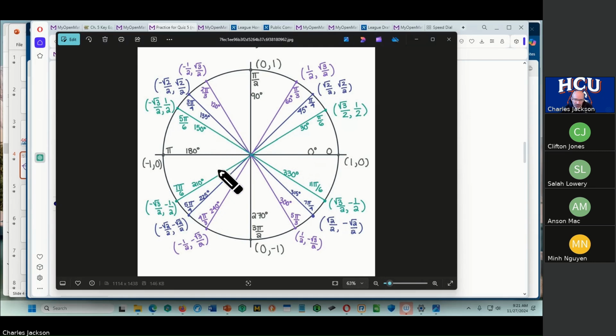So this big angle here, that's your 240. And the reference angle then is the positive angle made with the x-axis, which is this angle here, a 60-degree angle. 240 minus 180, so it's a 60-degree angle.